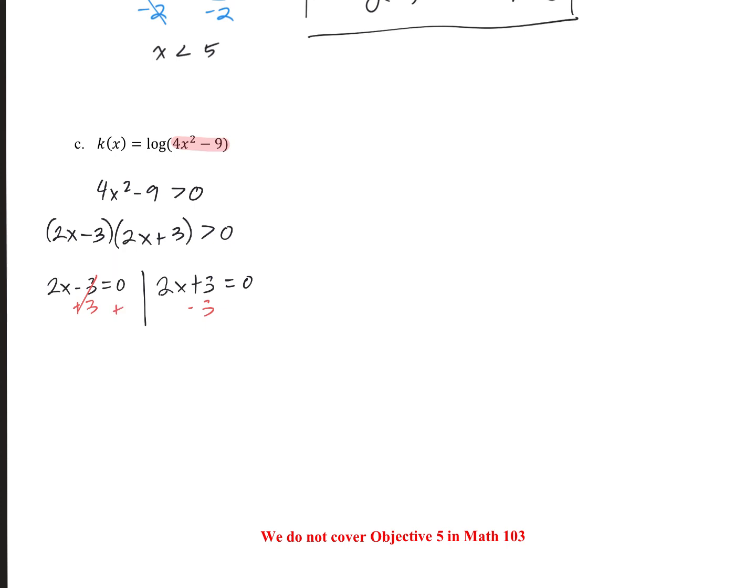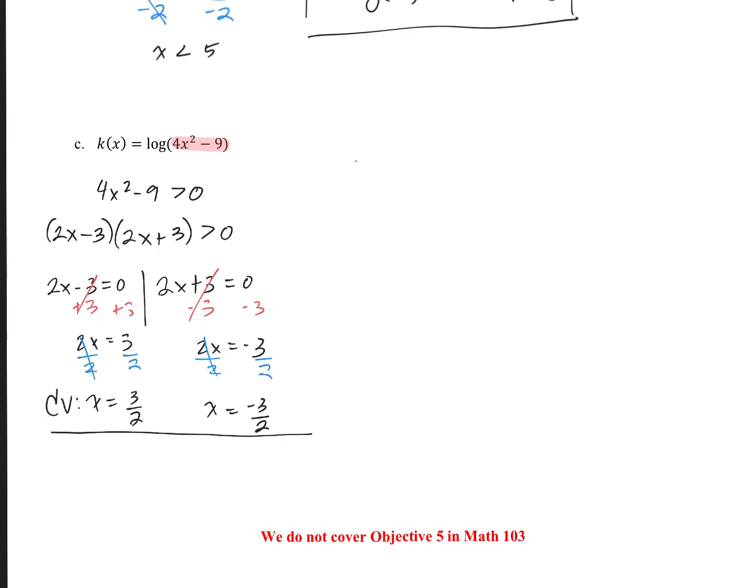All right. Solving 2x equals 3, 2x equals negative 3. Almost solve for x. Divide by 2. So x is either 3 divided by 2 or x equals negative 3 over 2. These are my critical values.